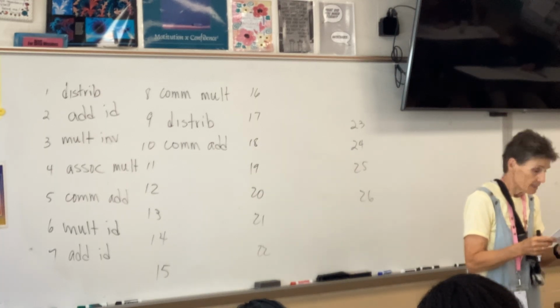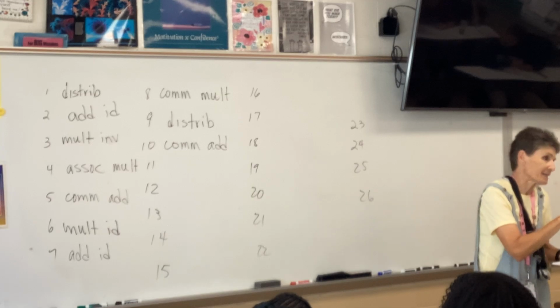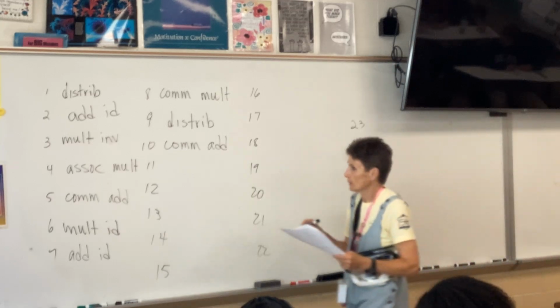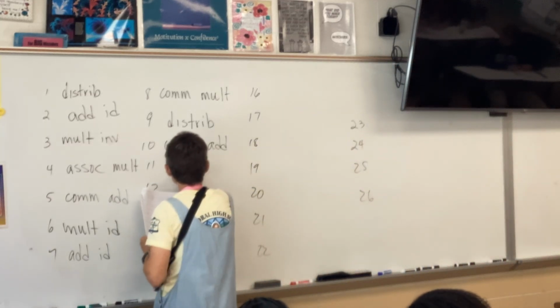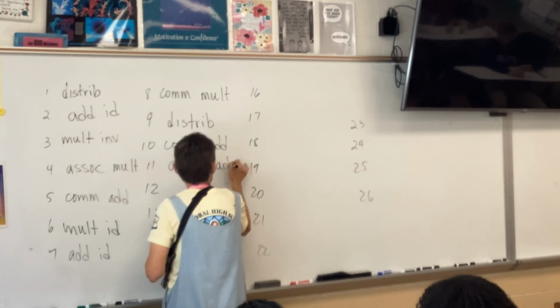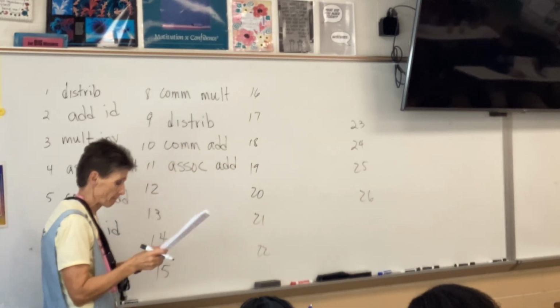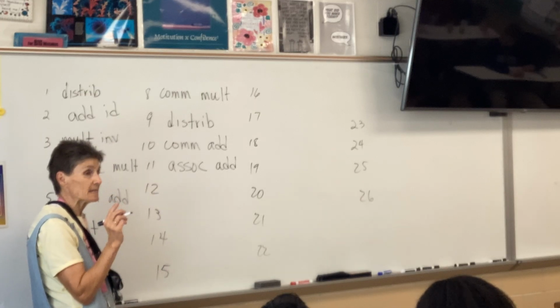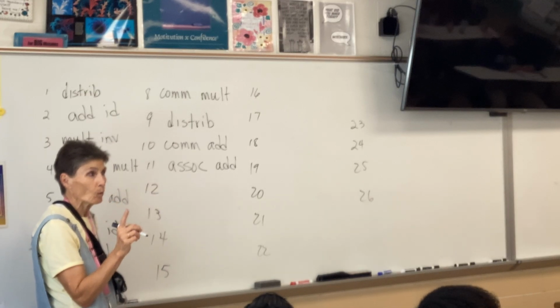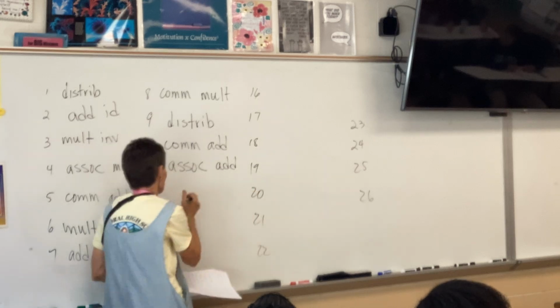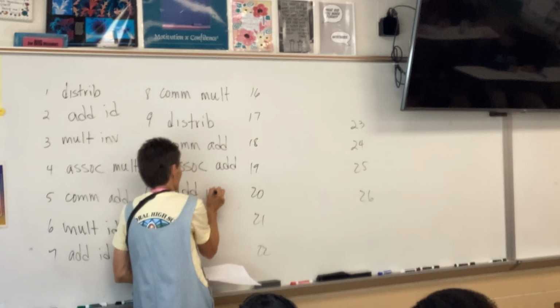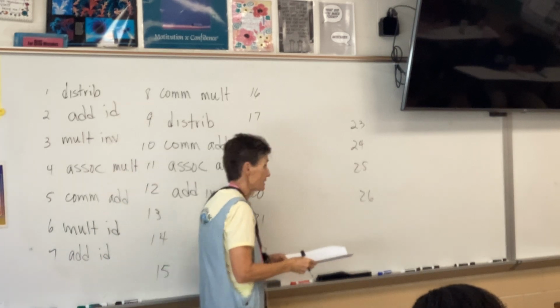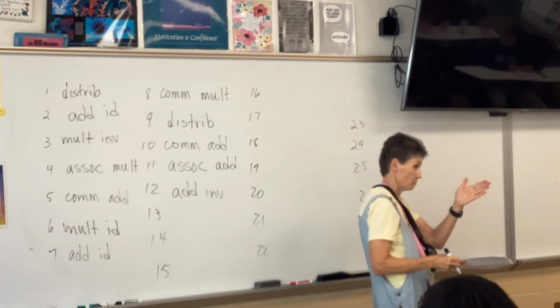11 is associative, but it's addition. So 11 is definitely associative, but it's addition. And then is 12 additive? 12 is additive inverse. Remember, additive identity is adding 0.